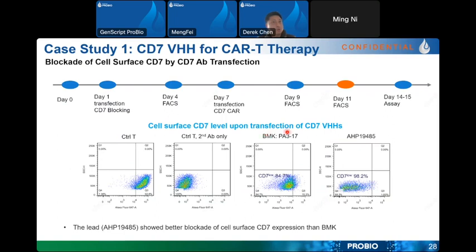Compared to the benchmark antibody, the PA3-17, one of the top candidates, the AHP 19485, demonstrated better retention of the cell surface CD7 marker, 98% versus 84% for the CD7 low T cell.